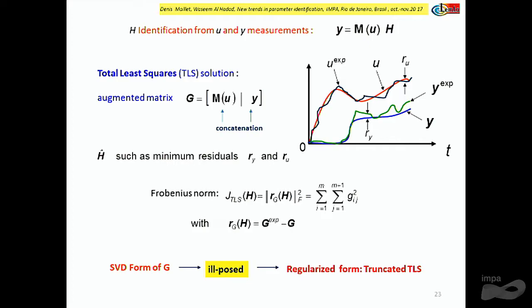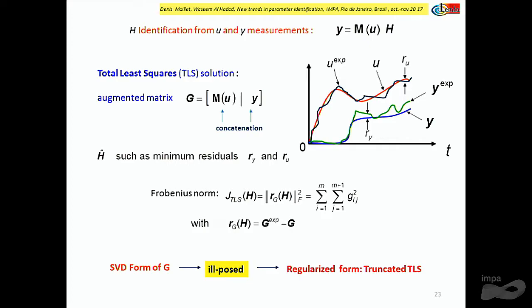You use the original square matrix, and you make a concatenation with the output, and we call G this matrix. You minimize over the transfer function to have a minimal residual of both the output and the input. In this case, it's possible to make a matrix residual using the Frobenius norm.